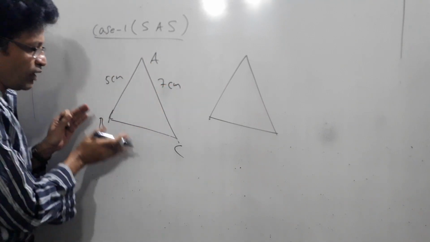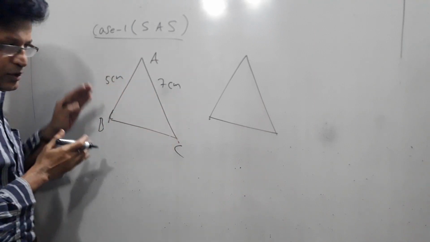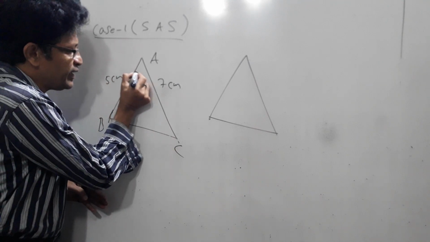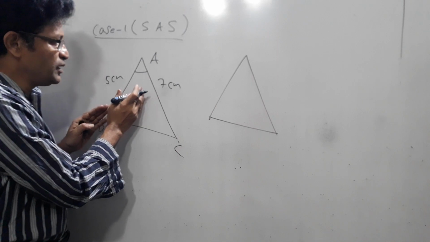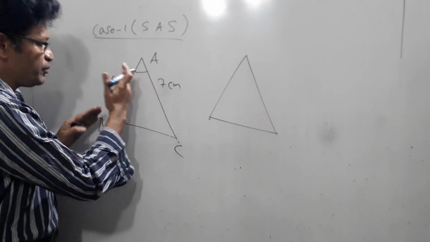Out of these three sides I consider AB and AC. Then this angle A is the included angle. That means this angle A is in between AB and AC.